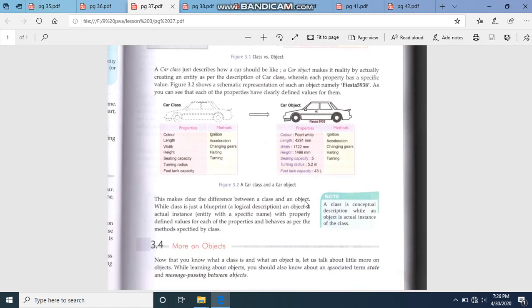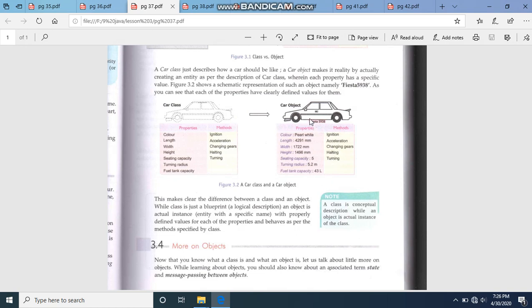Now let's take another. This is a class. A class design is shown to you. Let's say I'm going to tell you to make it on a paper. What you are going to do is draw this on the board. These are the properties written and these are the methods. And actually the object is created and the color is given.